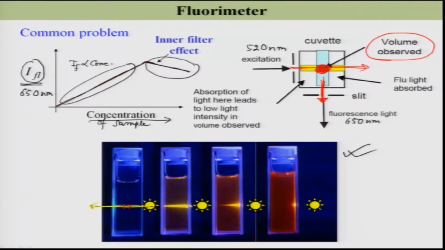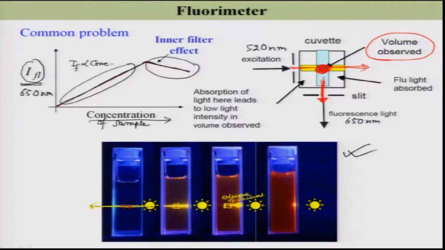If you increase the concentration more, this excitation light will be used to excite mostly the molecules over here. So, you see here the intensity of this region, your observed volume region, this region I am talking about, this intensity is less than this intensity.